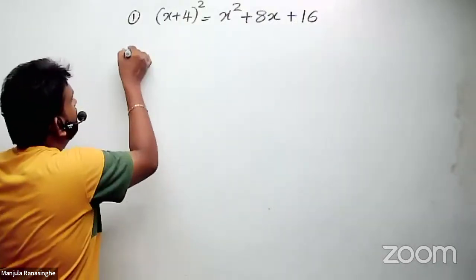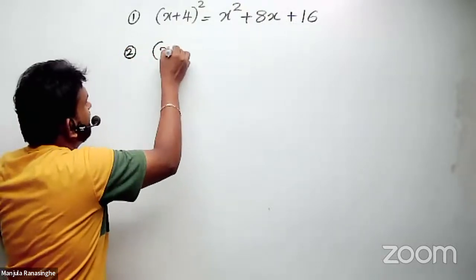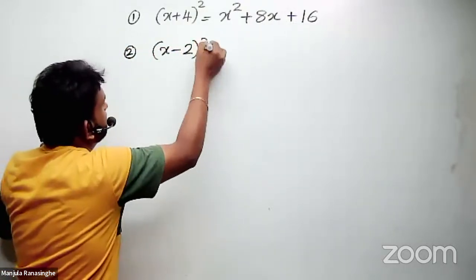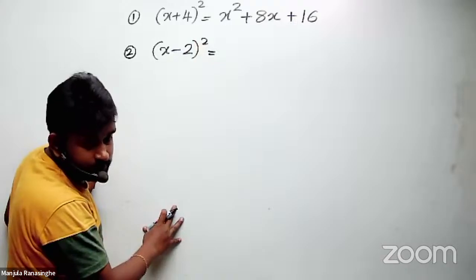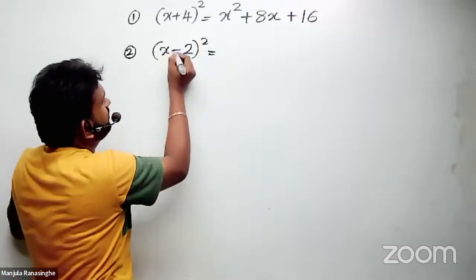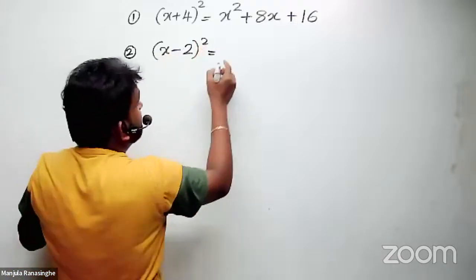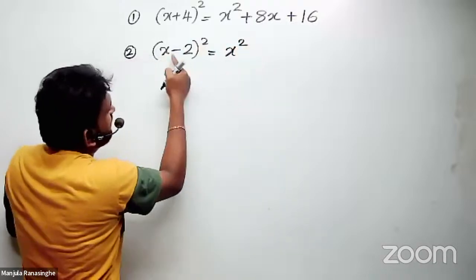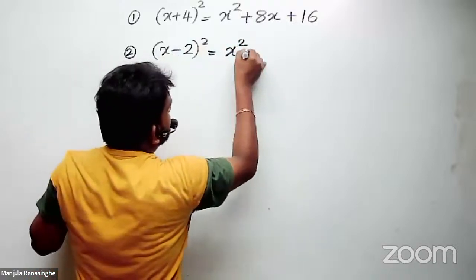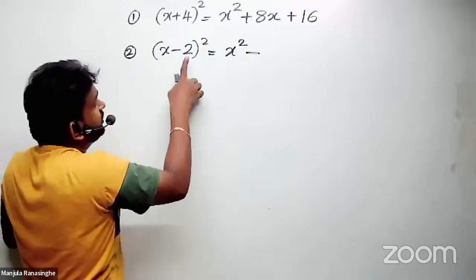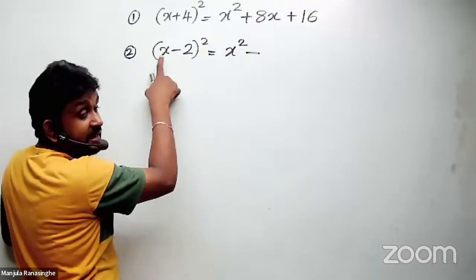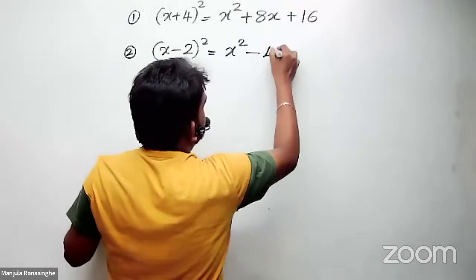Understood? Okay. Second one, x minus 2 squared. Tell everyone. So the first term is squared. First term is x. Then x is squared. Then here negative there. So negative, right? 2 into x, 2x, twice is 4x.